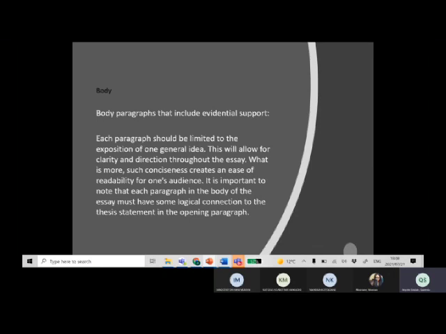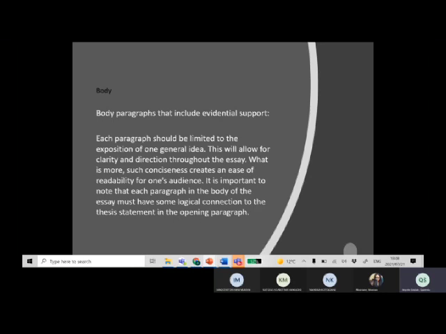So let's look at the body paragraphs. The body paragraphs should include evidential support in your expository essays. Each paragraph should be limited to one general idea, so that does not change. Even with expository essays, it's still one idea, one paragraph. This allows for clarity and direction.